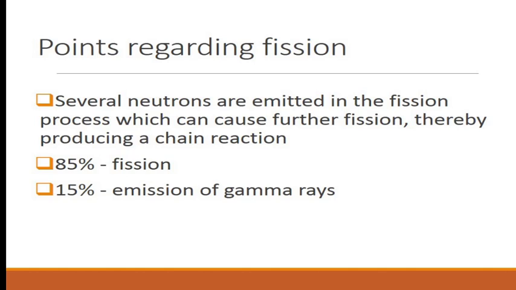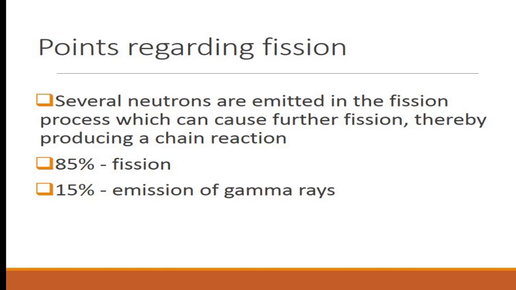So the neutrons emitted in the fission process can cause further fission, and that process is known as nuclear chain reaction, in which continuous nuclear fission takes place. We had already said that we are bombarding the uranium nucleus with a neutron, isn't it?